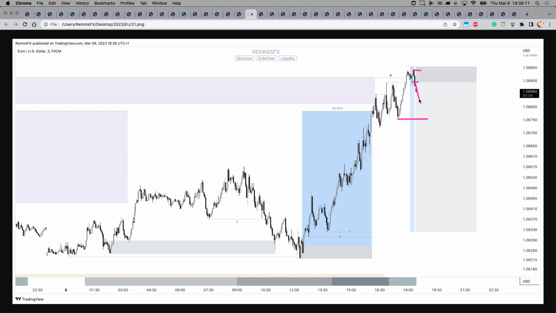Before price breaks this like that, right? I am expecting that price gives a reaction, comes perhaps back to again mitigate this area before continuing down, right? So that's why, just like I did here with the third position that I missed, right? I basically did the same, but then the opposite for sell, right?